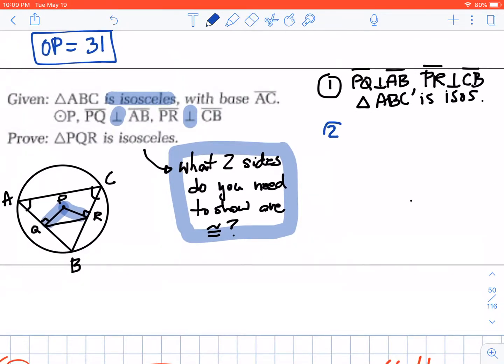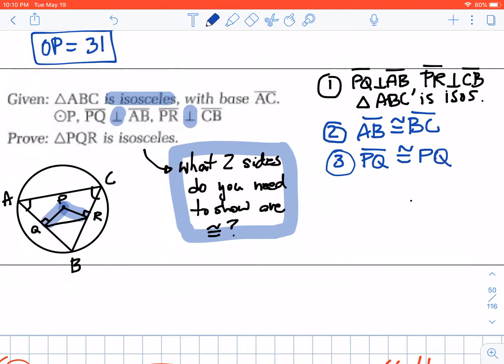All right. If the triangle is isosceles, then we know that AB is congruent to BC. And that's by definition of isosceles triangle. Line 3. If those segments are congruent, they're actually chords, then we can say, oh, guess what? The distances PQ and PR have to be the same. And those are marked as perpendicular, so they have to be distances.